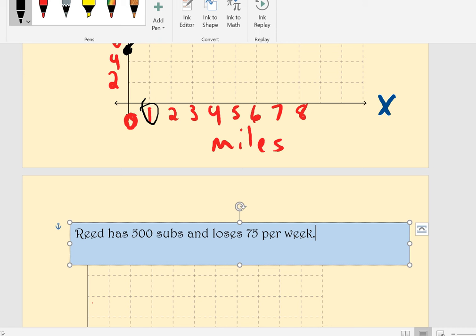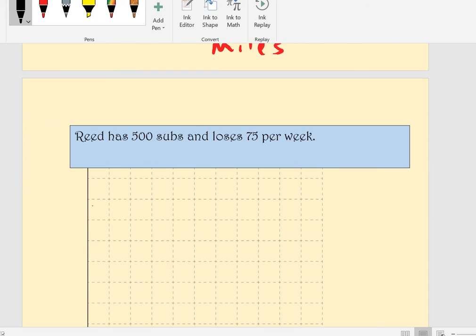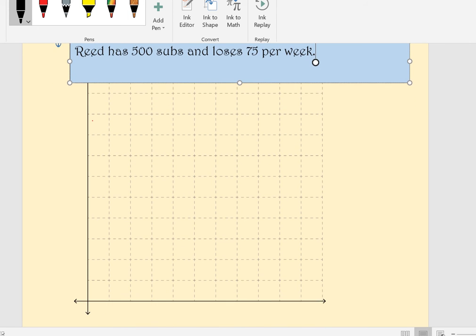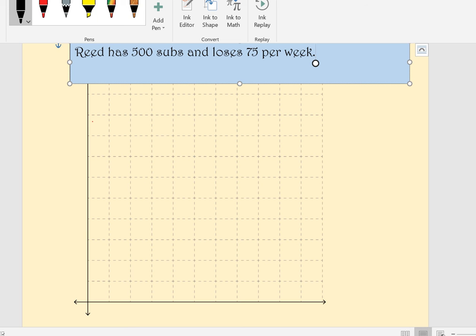So here, as the X increases, which is your number of weeks, he's losing subscribers. So it's going to be going down by 75 every week. So as X increases, the Y decreases. We'd say this has a negative correlation or negative association.